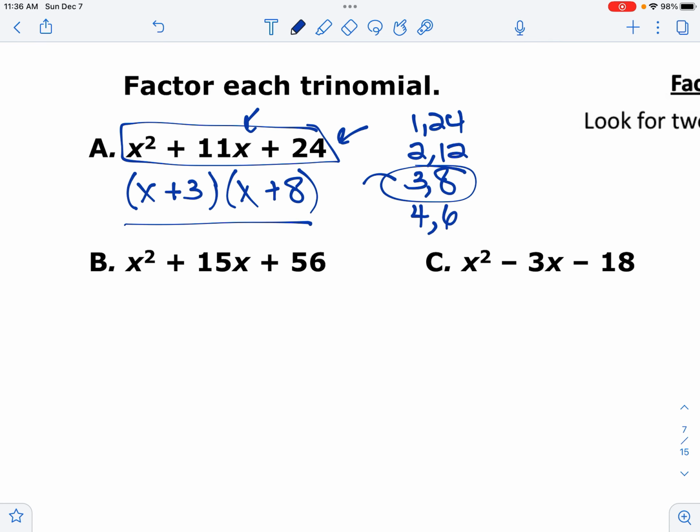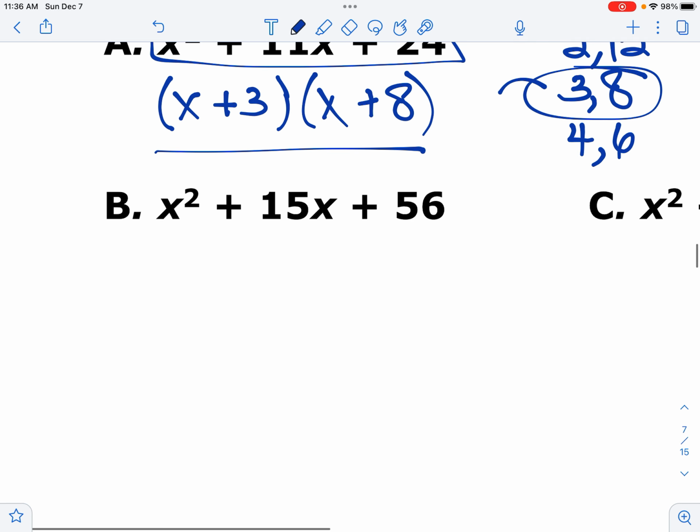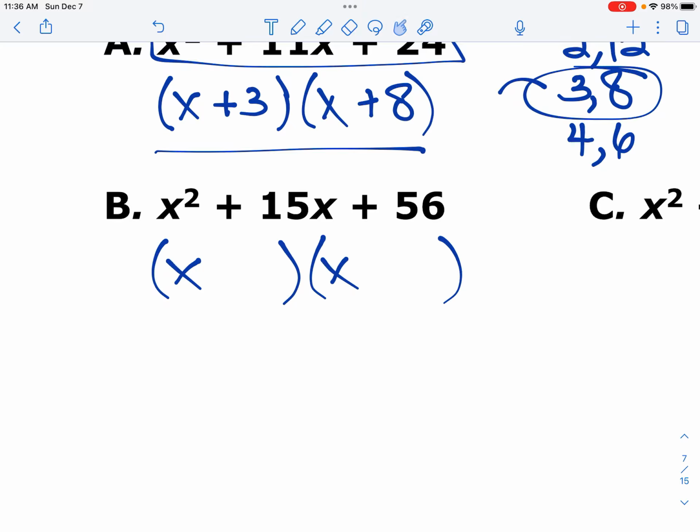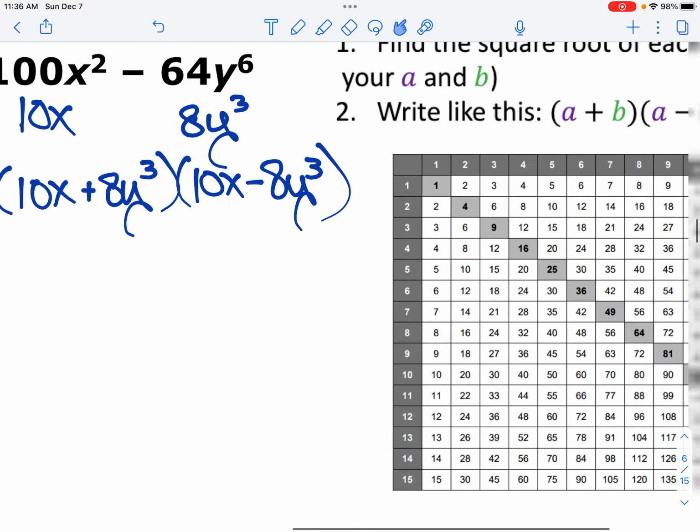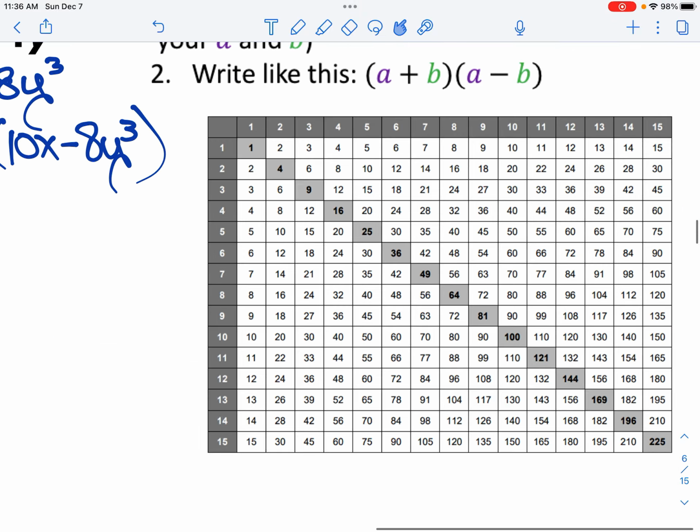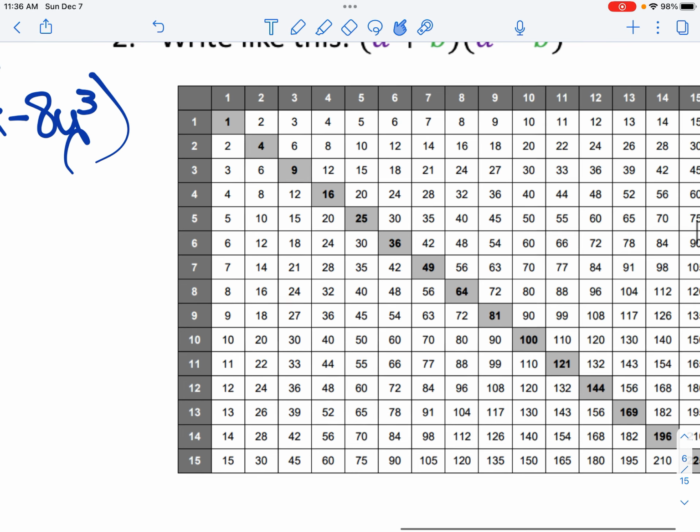So, yeah, let's try another one. You can start by just doing this every time for these kinds. All right, two numbers that multiply to be 56 and also add up to be 15. So if you wanted, you could go to this chart right here and look for 56. There it is, right?